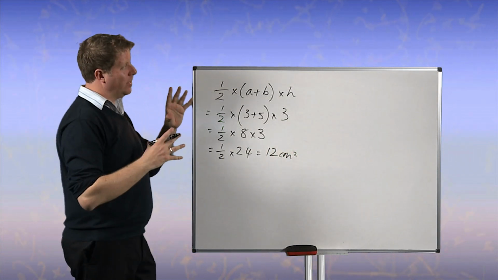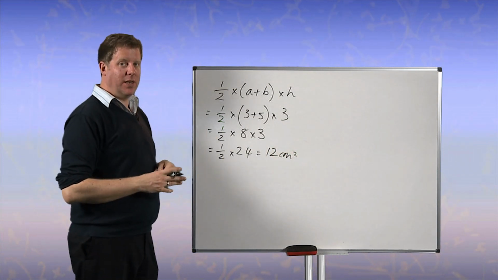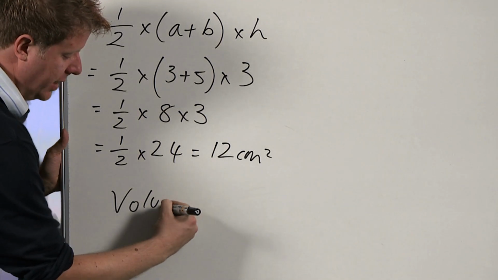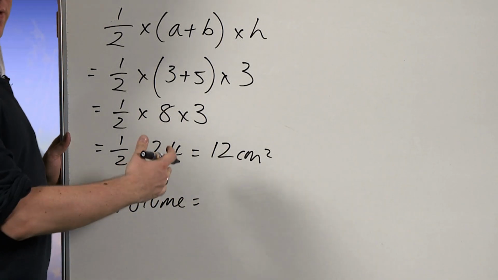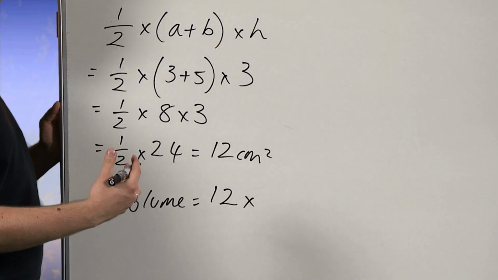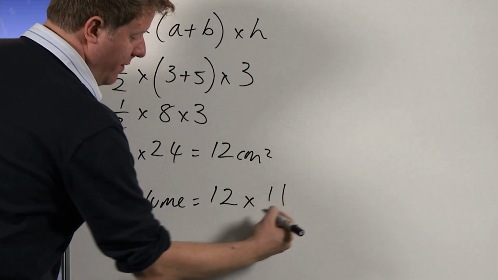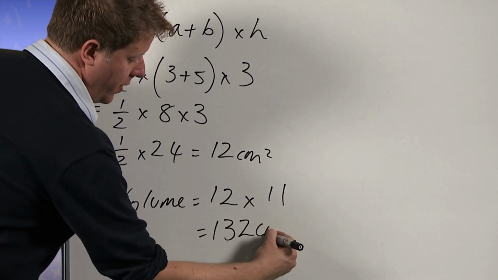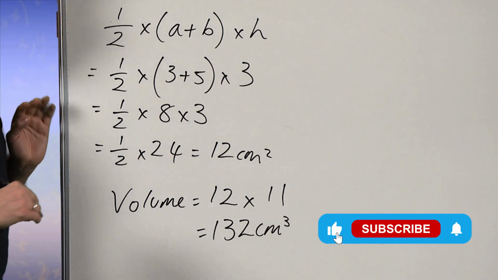So the area of that trapezium is 12 centimeters squared. So when we want to work out the volume, it's quite simply the area of that trapezium, 12, multiplied by the length of the prism, which was 11, giving us a volume of 132 centimeters cubed.